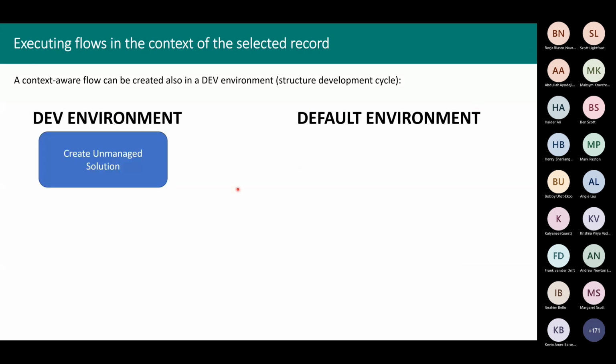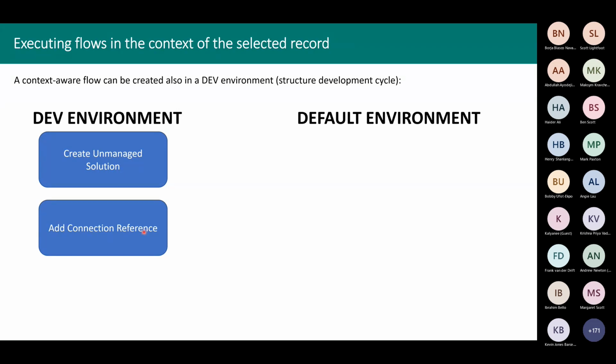Normally, what you do in a Power Automate or Power Apps solution, you create what is called an unmanaged solution in the dev environment, where you can define your workflow, test your workflow, and so on. You add connection references to this unmanaged solution. Connection references are the possibility to connect external services.